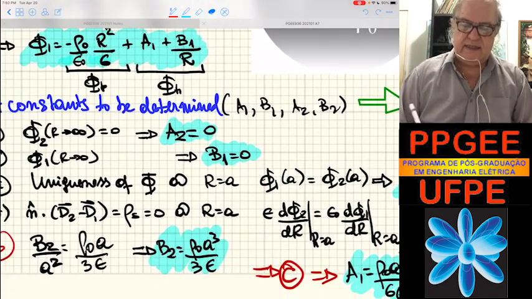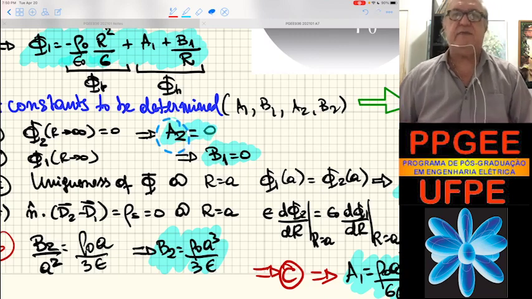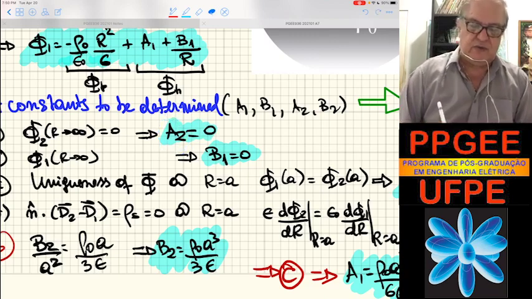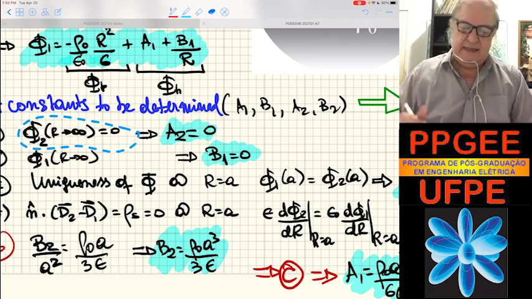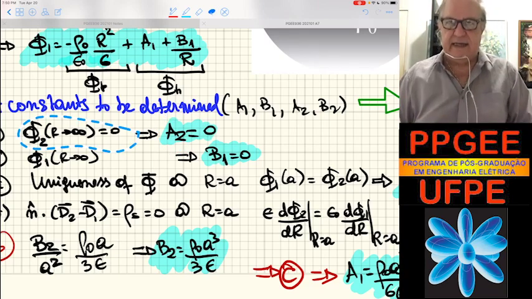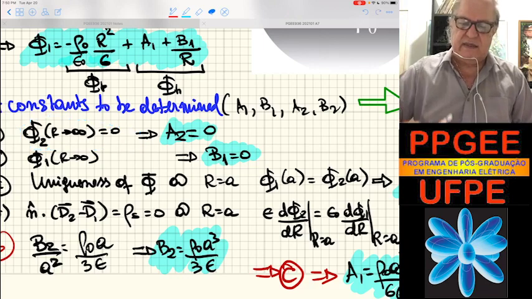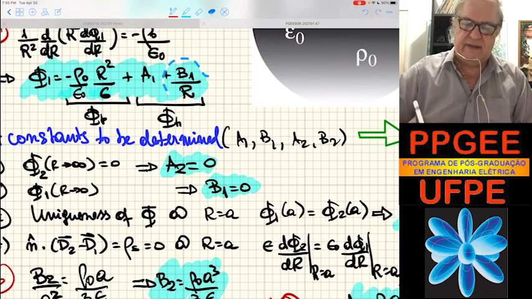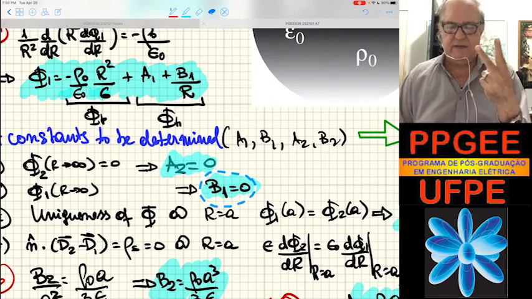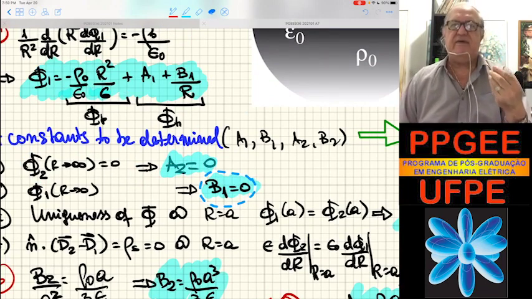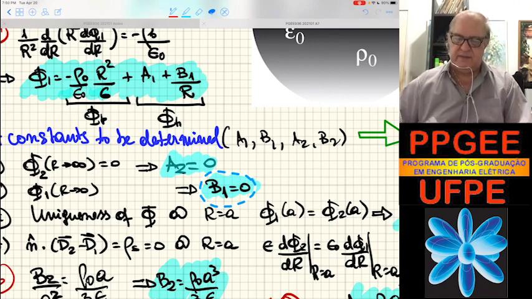The constant for the solution outside has to be 0 for the potential to go to 0, as we did in the previous example. The singularity inside is eliminated by removing the term that contains the singularity, which is this one, just setting B1 equals 0. So we solved two equations, A2 and B1, so we're left with two constants to be solved.